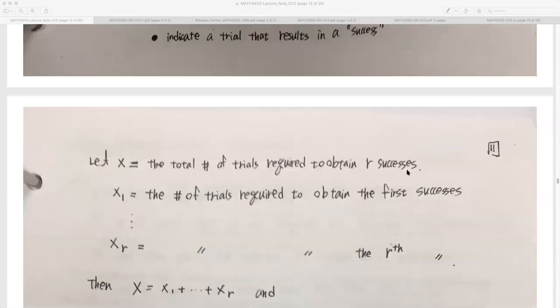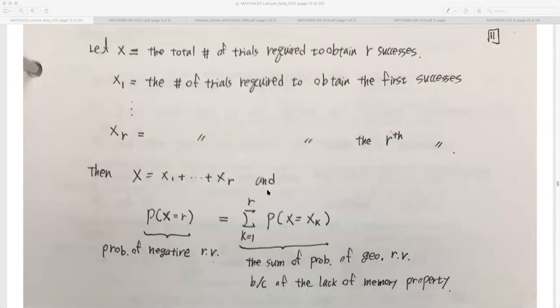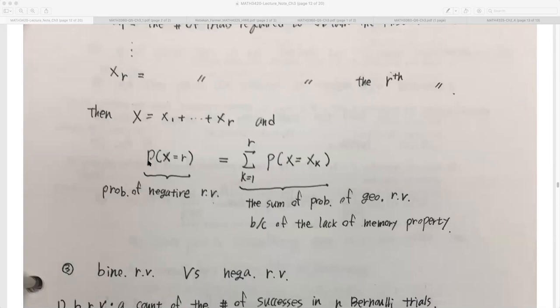Now then, let X be the total number of trials required to obtain r successes. X1 is the number of trials required to obtain the first success, and so on through the r-th success. So the probability X equals r is the sum of probabilities of X equals Xk. What is this?